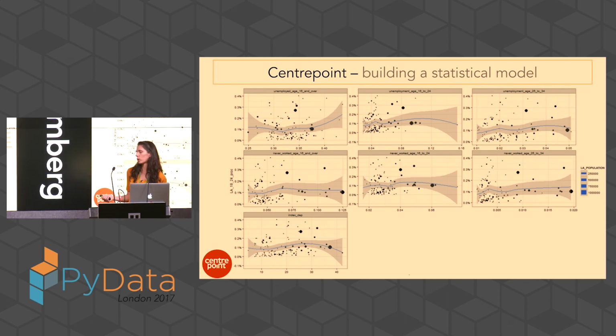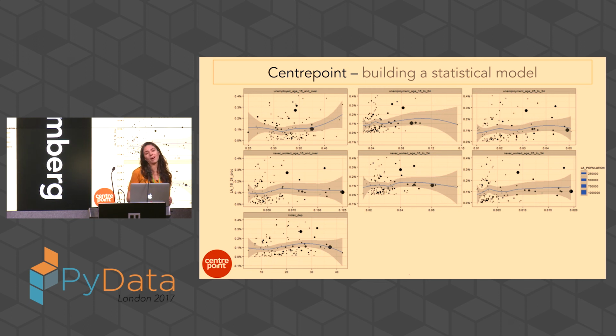So actually, the second highest correlation that we had with whether a local authority had a high number of young homeless people was how many vacant dwellings there were, which is amazingly perverse if you think about it, because that basically means that the more empty houses there are in a council, the more likely they are to have a lot of people who don't have somewhere to sleep, which is just beautiful.